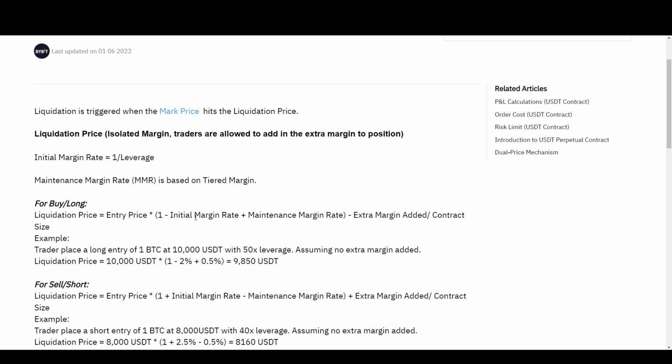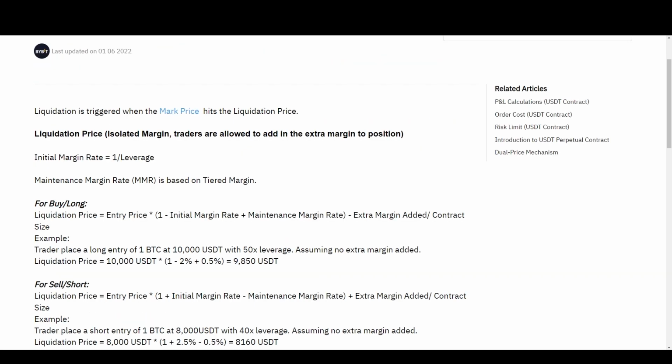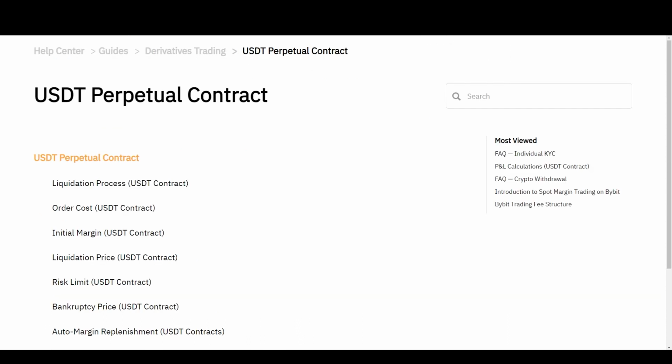Liquidation price says initial margin rate. Oh, initial margin versus initial margin rate. So this is a maintenance margin rate, which is based on tiered margin. So the rate versus the initial margin. Okay.